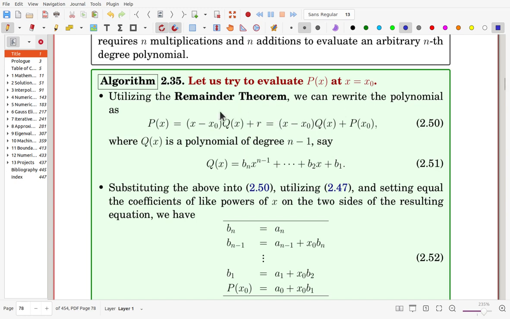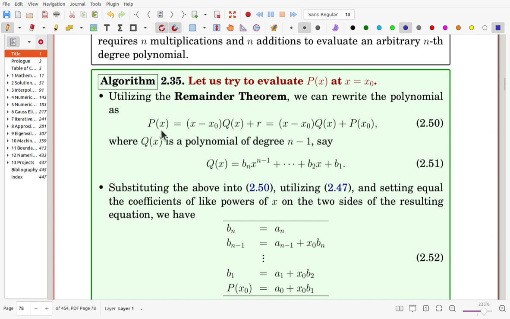Here we'll try to evaluate p of x at x0. The algorithm starts with the remainder theorem, and we can rewrite the polynomial in this form. R is a constant because the divisor is linear, and q of x is the quotient.